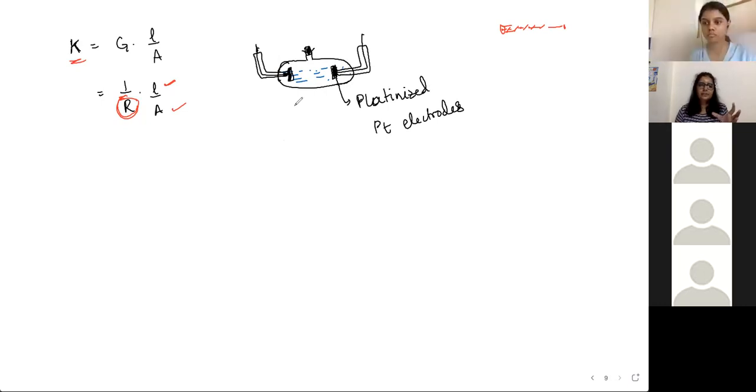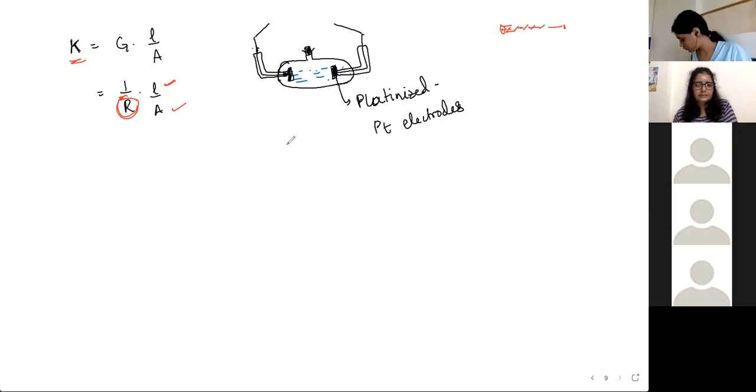So you powder the platinum and coat the electrode with a thin layer of that platinum powder. Then you can further connect it to your connecting wires, to your Wheatstone bridge or any other device that you're using this particular cell in.